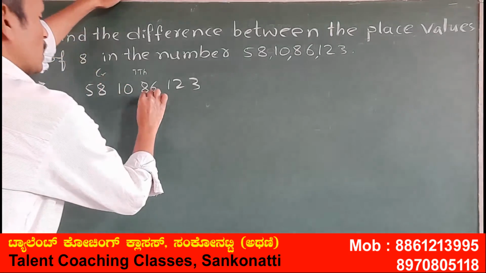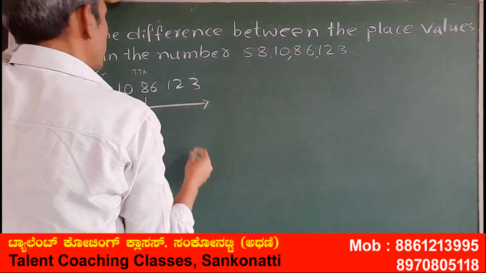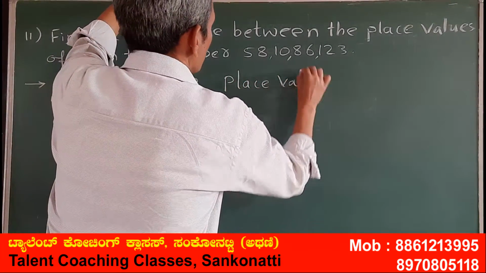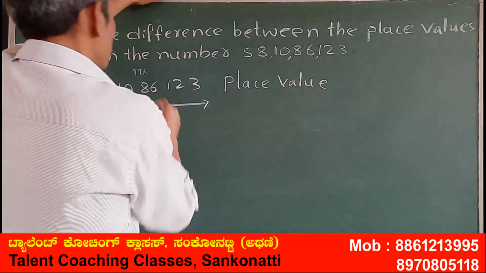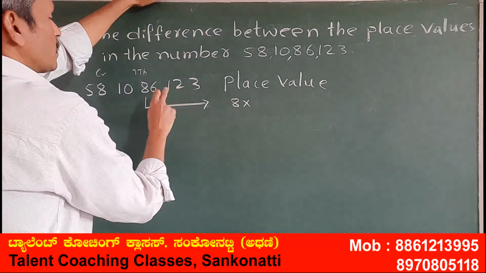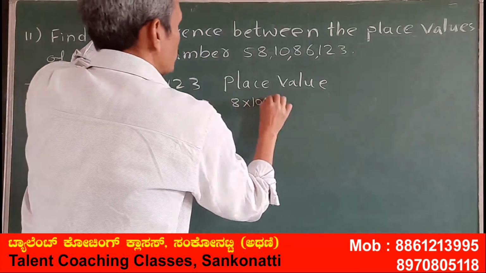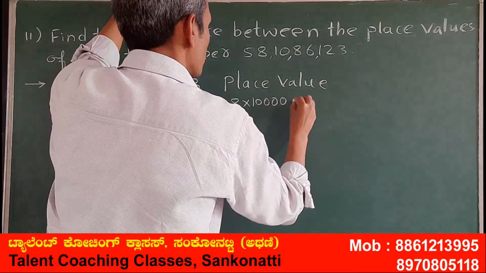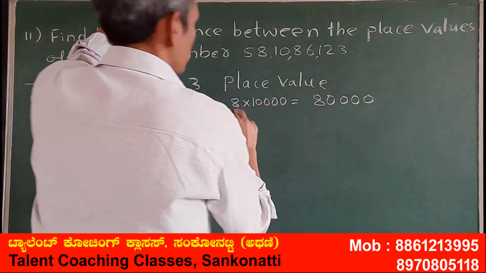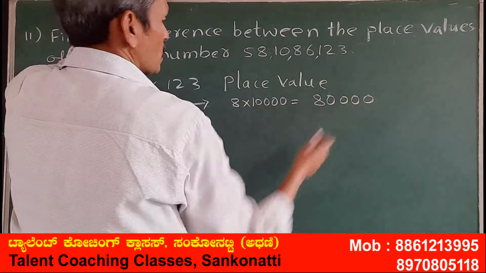So what is the place value of this 8? Place value of this 8 is 8 into how much? Unit, 10, 100, 1000, 10,000. 8 into 10,000 is 80,000. 8 into 1 is 8 and 4 zeros are written as it is.